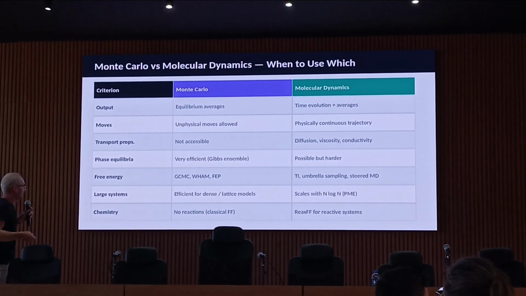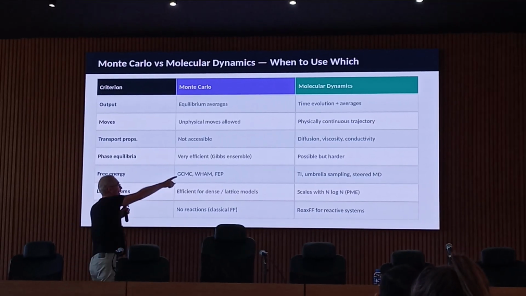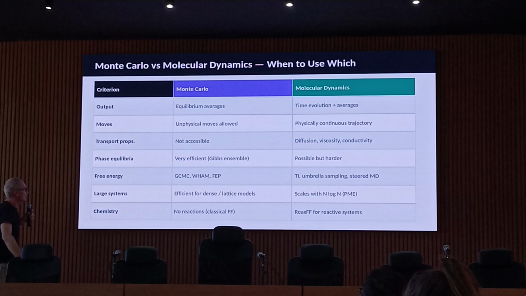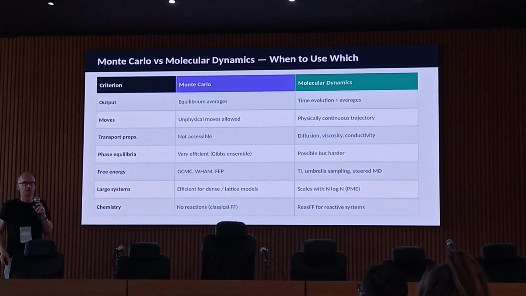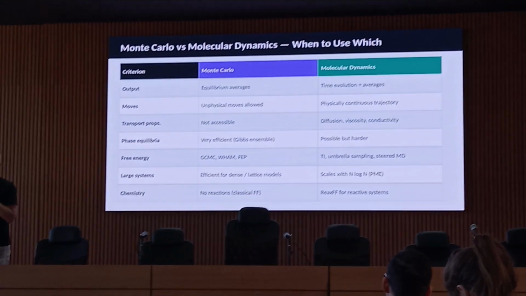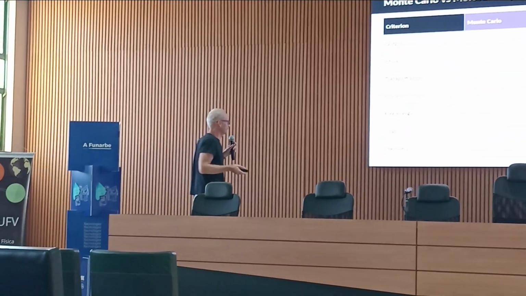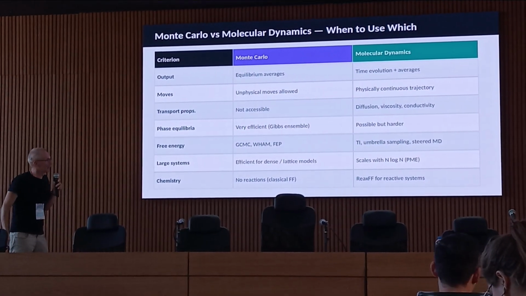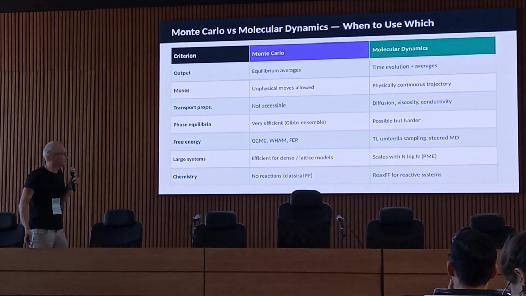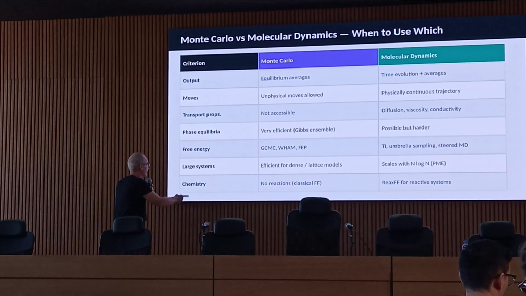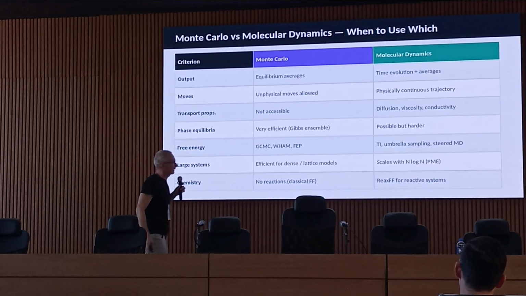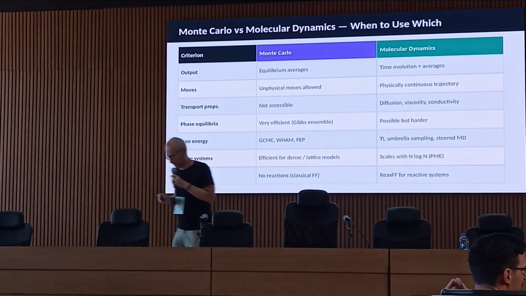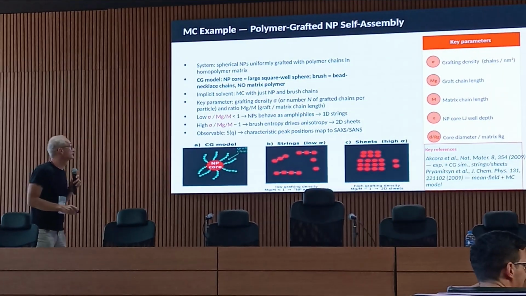You can treat all statistical ensembles efficiently, and this is actually where you don't apply molecular dynamics. Free energy methods, which are interesting, as I explained to you, for biosystems, for instance, can be done in both. Large systems, I think, behave similarly in both. And if you think, say, about chemistry, then you would also go back to molecular dynamics, since again there's no time evolution in Monte Carlo methods.